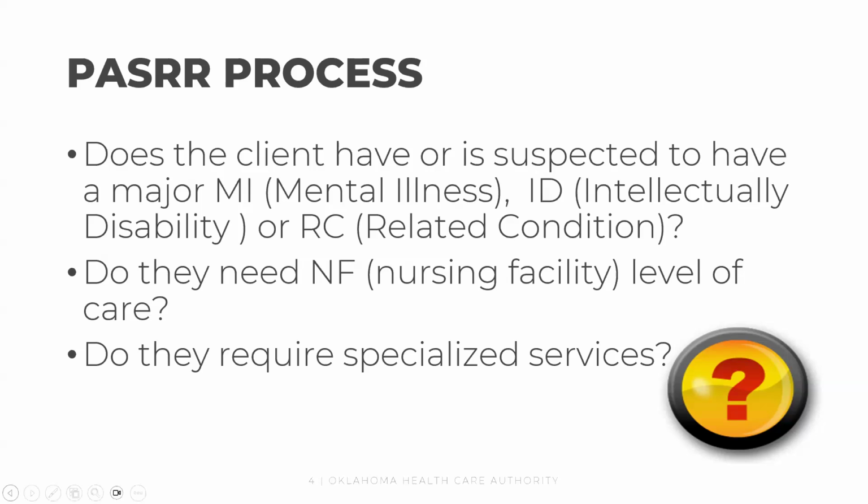Bullet number 2, where it says, do they need nursing facility level of care? So let's remember that it's not just that we're looking at these three areas, the intellectual disability, mental illness, or related condition. Remember that they must also physically have a need to be in a nursing home.